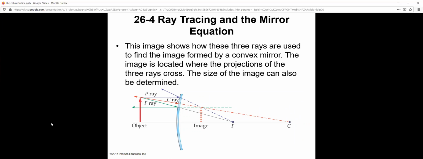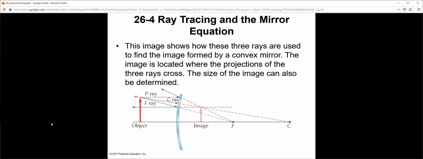So we have our object here on the left, a tall, thicker red arrow. And we notice the image on the right shows up before the focal point and is shorter. This is because if we follow all these rays off of where we're looking, essentially your eyeball is the top of that mirror, you make the P ray parallel to you, bouncing off, and that ray, that incident angle, cuts back down to the center.